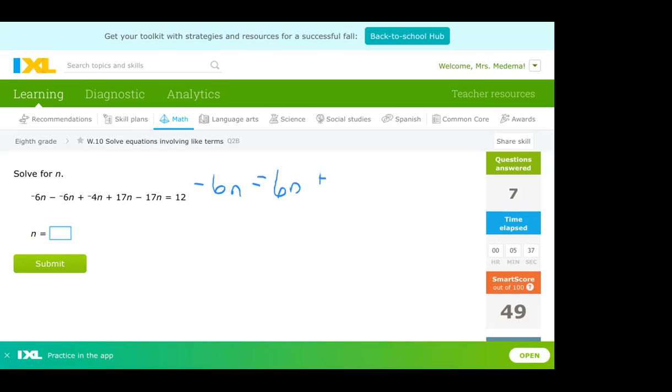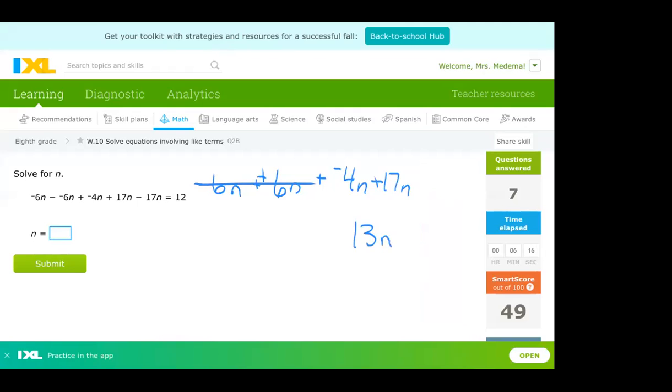6n plus negative 4n plus 17n equals 12. All right. So I'm going to add the opposite here because they'll cross each other out. So negative 6 plus 6 is 0. So those go away. Then I have negative 4n and 17n. And I would subtract since they're different signs and get 13n. Oh, I forgot something in the problem.